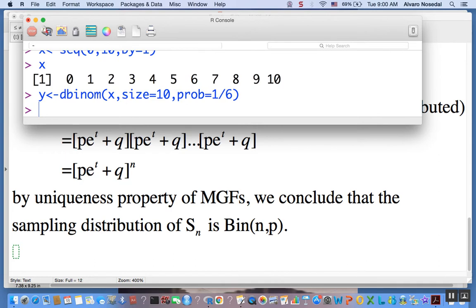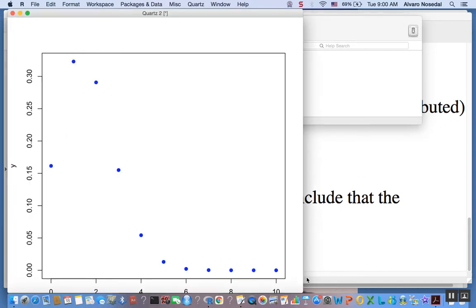Okay, so let's plot x against y, type p, as in points. The color will be blue, and pch equals 19 because I like solid circles. Okay, so there we are.